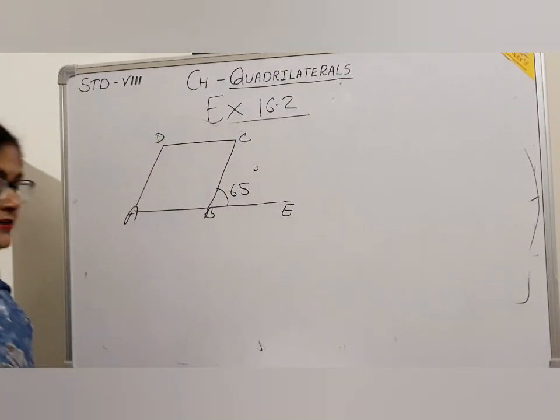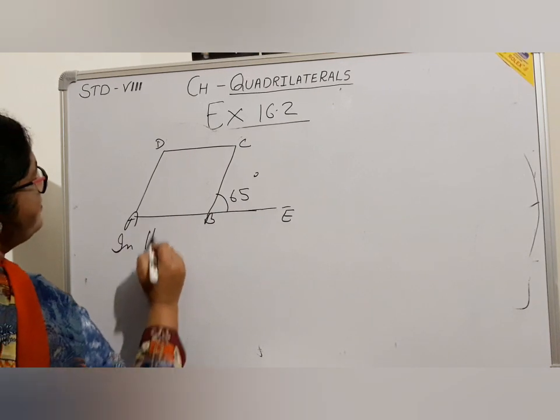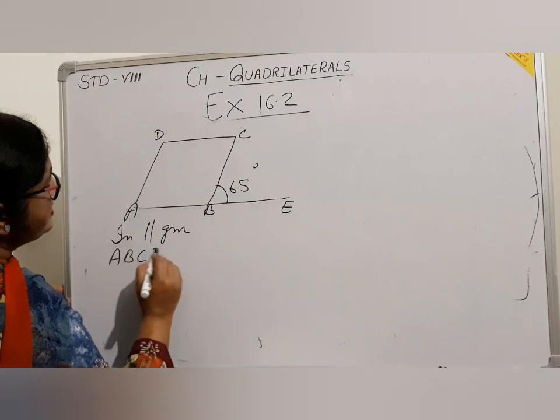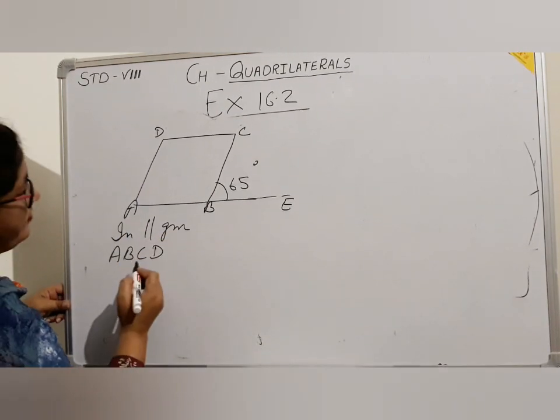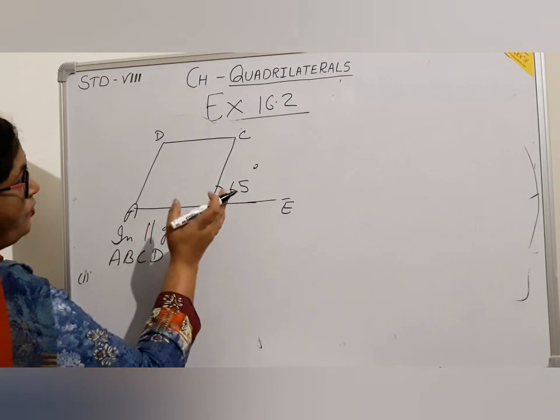Find each angle. Yes, in parallelogram ABCD, first this is 65 degree.